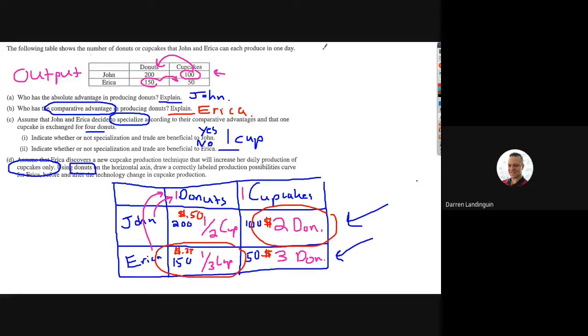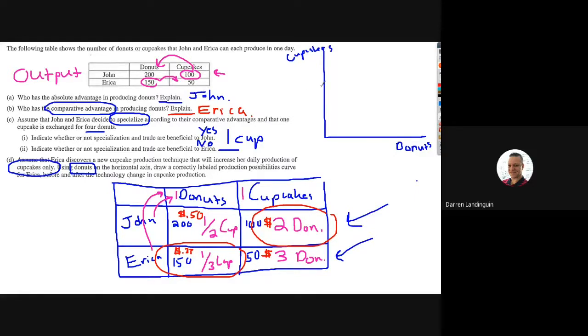So they say, look, create a PPF. So everybody do that. Use donuts on the horizontal axis, which is the X, okay? And use cupcakes on the Y. Then it says, draw a correctly labeled PPC for Erica before and after the technological change in cupcake production.